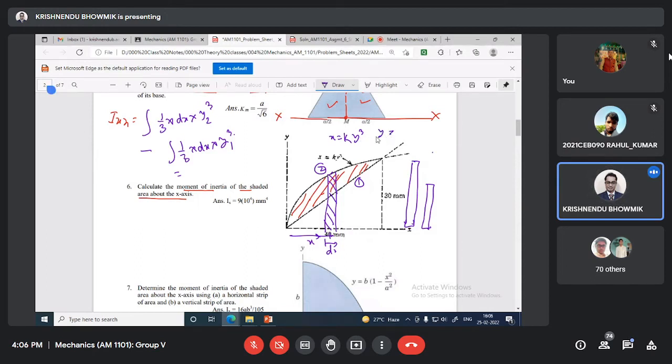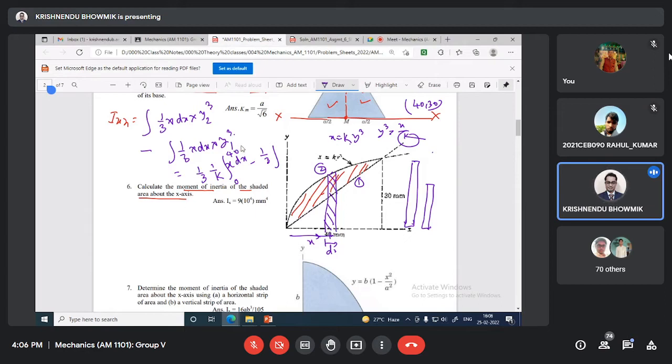So here y cube will be x by k. It is also passing through the point 40 comma 30, so you can get the value of k. So we can write 1/3 y cube as 1 by k x dx, integration over 0 to 40, minus 1/3.